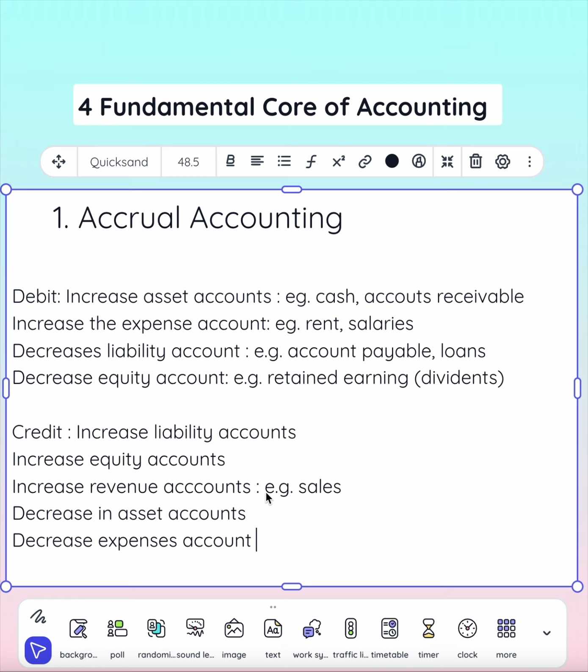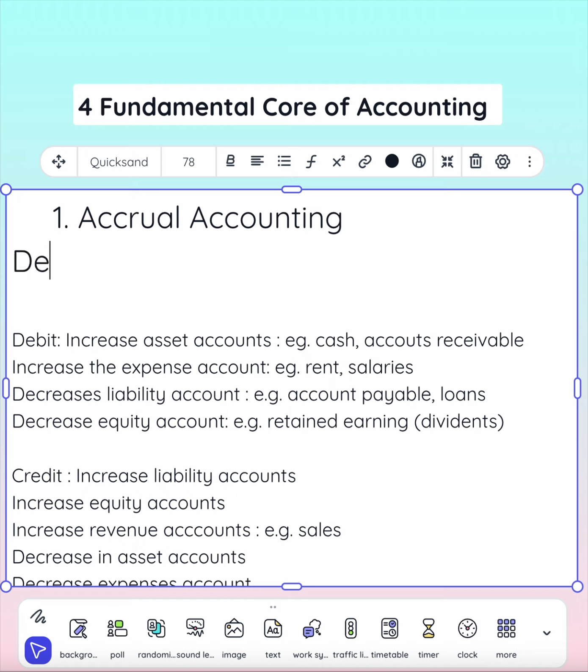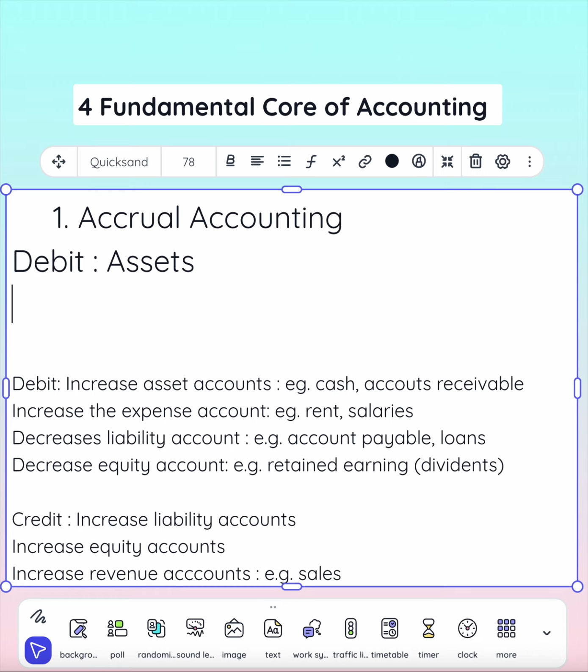The basic understanding here is that in debit you have assets, whereas in credit you have liability and equity.